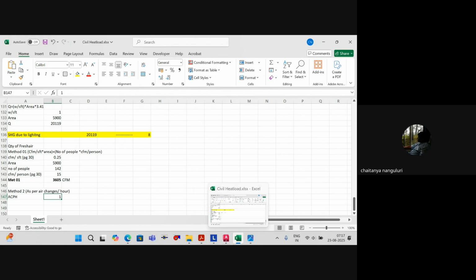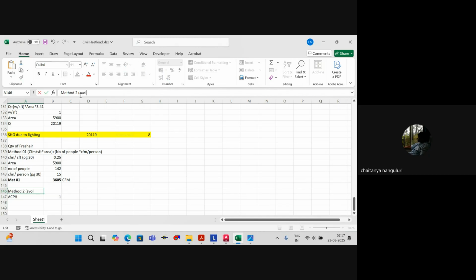So method 2, as per air changes per hour, the formula is volume into ACPH divided by 60.